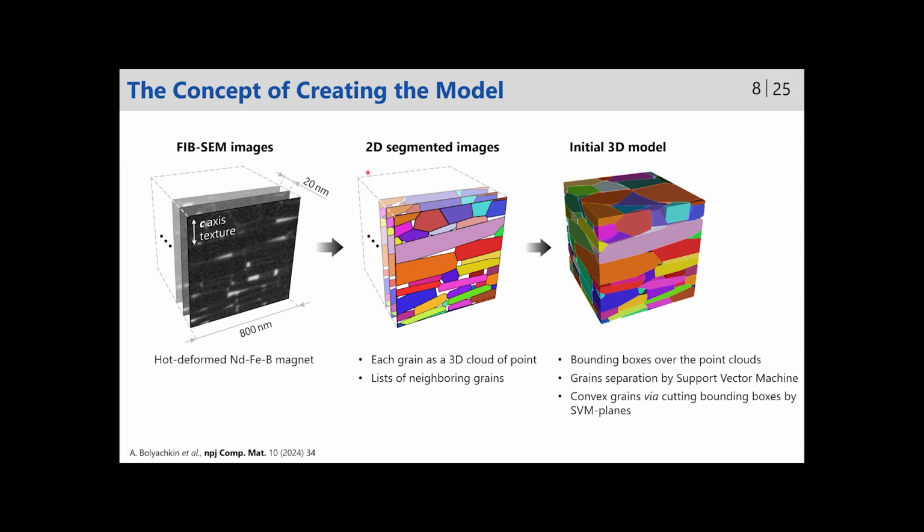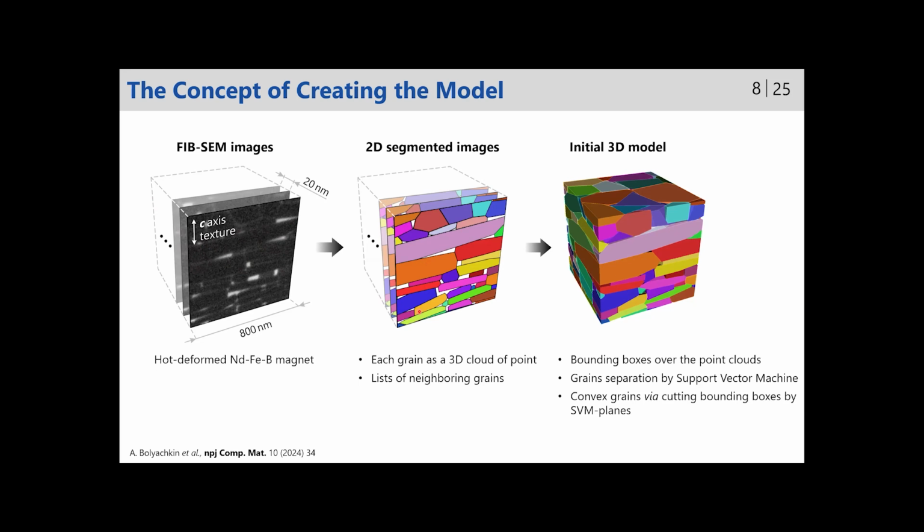Then what we need to do is to perform segmentation of the images. In each image, we should distinguish individual grains, and we should understand the relation of one image to another. It means that we should understand which segmented grains belong to one grain, and at which image is the end of the grain, where it starts, and so on.